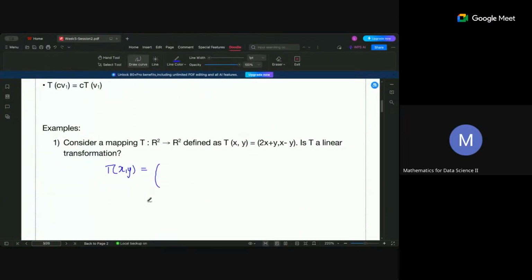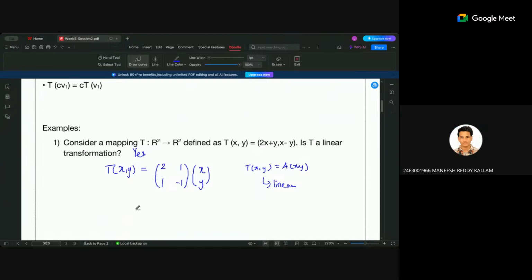So here the coefficients of the first variable are 2 and 1, and of the second variable 1 and minus 1, times (x, y). If you multiply, you get 2x plus y and then x minus y. You already know that if a function is of this form, then it is linear. So the answer is yes for this.